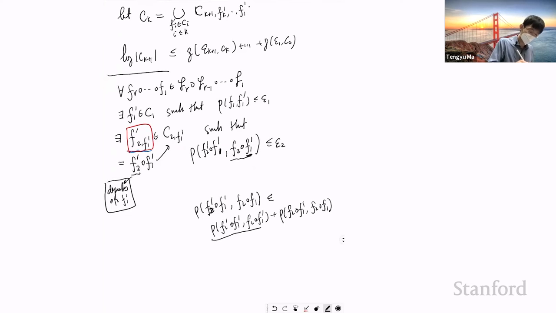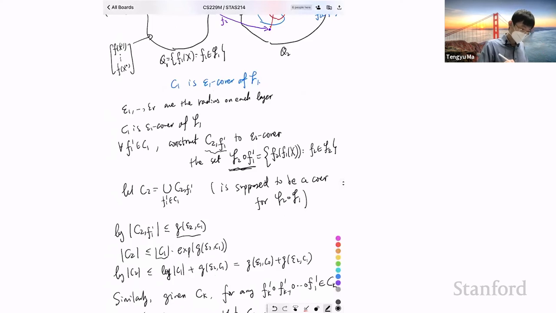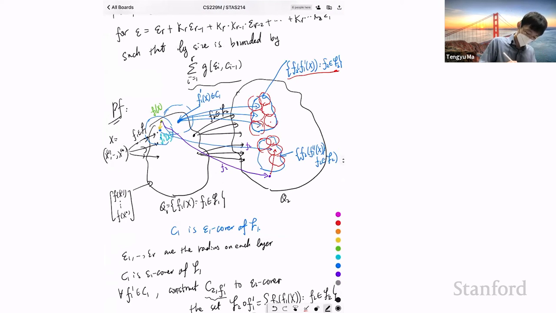So this one is less than epsilon 2. And you are left with this thing where you only differ in the first layer. That's the difference, but this difference is propagated. If you look at this figure, it's a little bit tricky. This is the difference in the first layer. But once you apply this F2, you have a bigger difference, the difference in the second layer. Even though you apply the same function, you may blow up the differences a little bit.